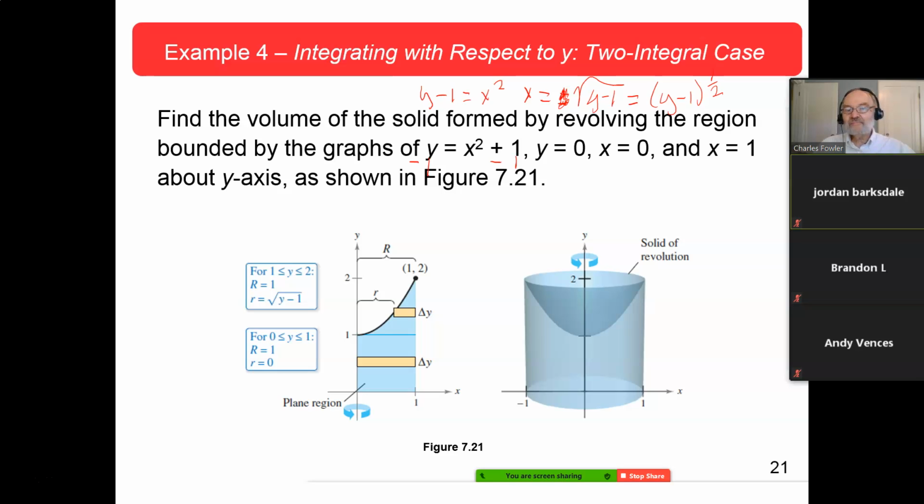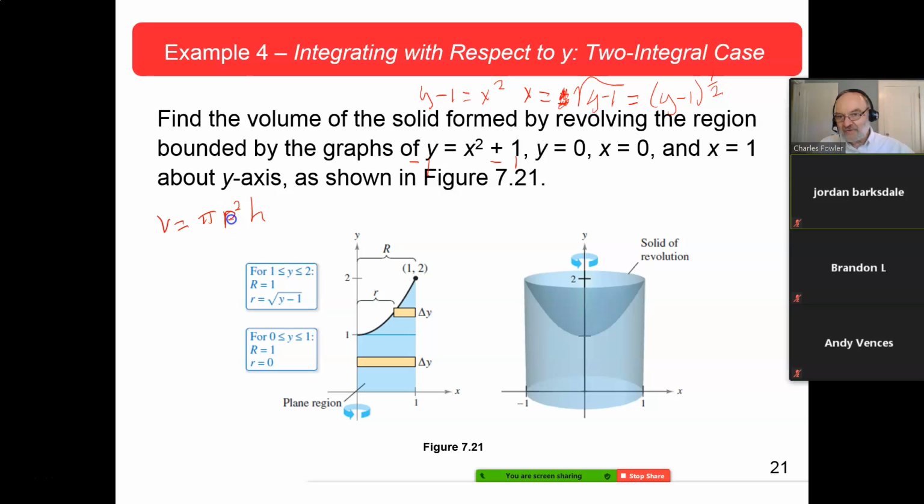Okay, so let's first just do the washer down here. This is a right circular cylinder of radius 1 and height 1. And the volume of that is V equals pi R squared h. I really probably should put a capital R here.